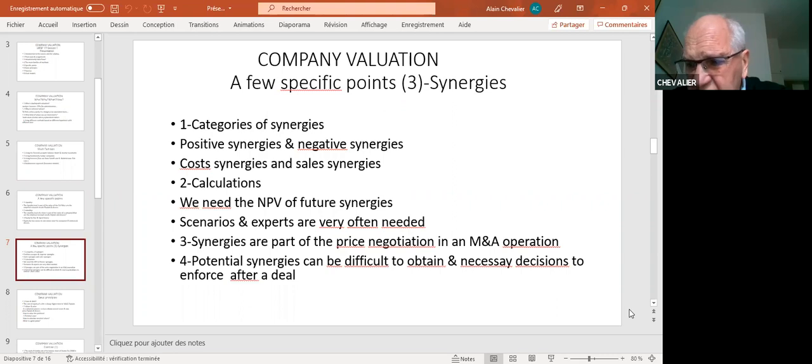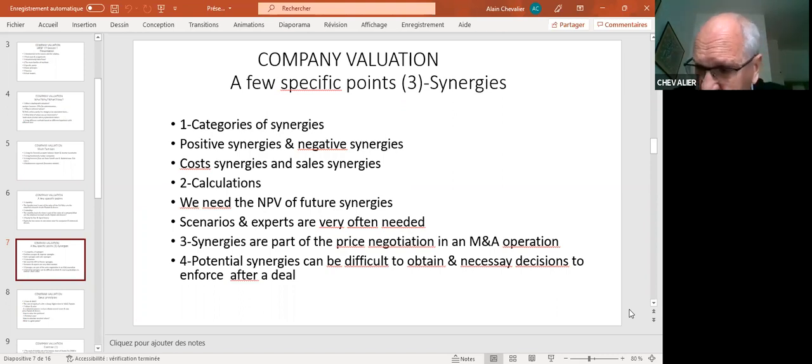So these costs will be limited. The increase in sales can be very large, and in that case, the margins are very high. So cost synergies and sales synergies, if they are both important, can bring high value creation.